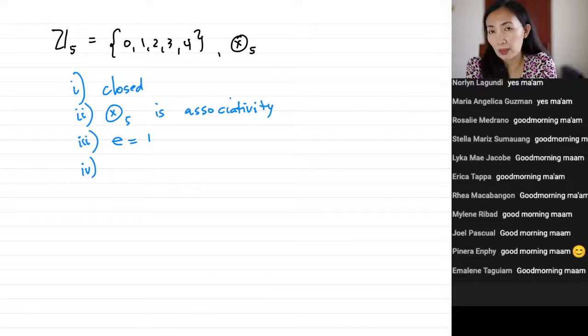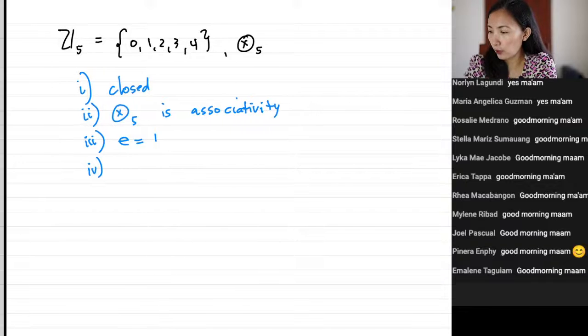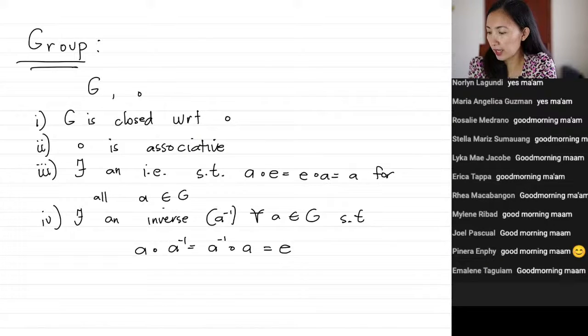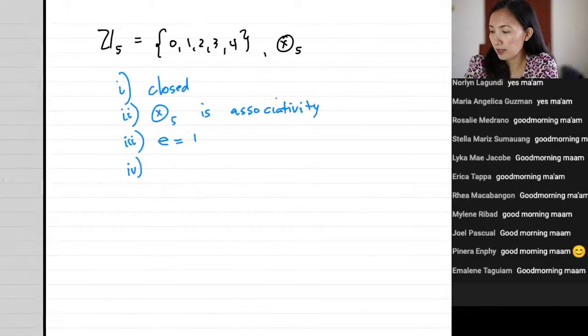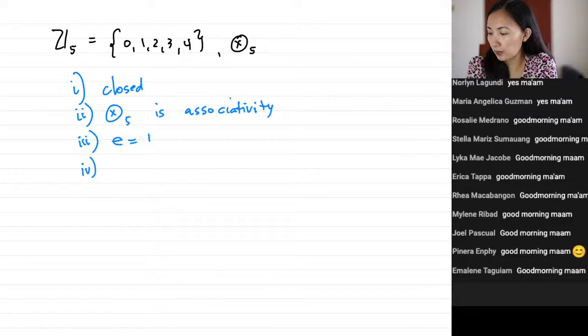do all elements have inverses? Okay, take note. Going back, what does it say here? For every A in G, there should be an inverse. So if I would ask you now, what is the inverse of 0? What is the inverse of 1?